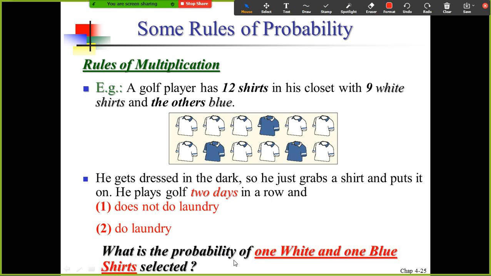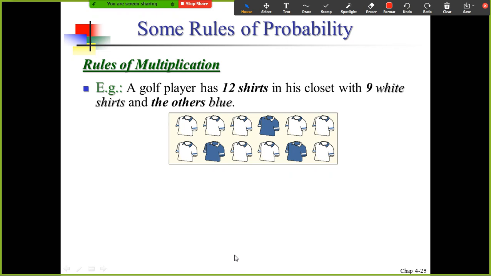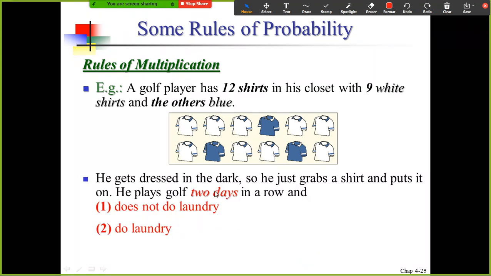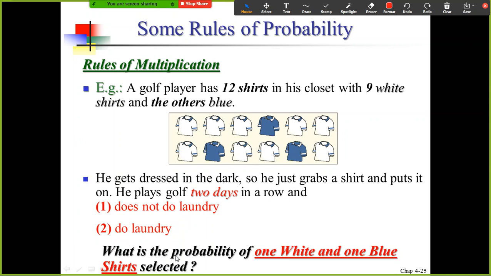Now the question: what is the probability that 1 white and 1 blue shirt are selected? In the previous one, both shirts were white. But this one, with the same information, 2 days in a row, what is the probability of 1 white selected and 1 blue selected?